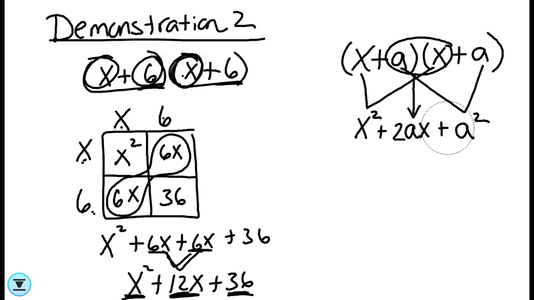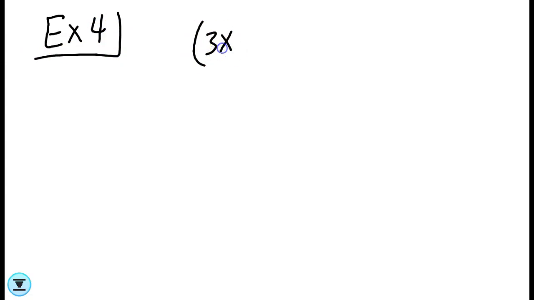So let's go ahead and do a sample problem here to kind of bring that to life a little bit. So let's say, for instance, that I had 3x minus 1 times 3x plus 1.